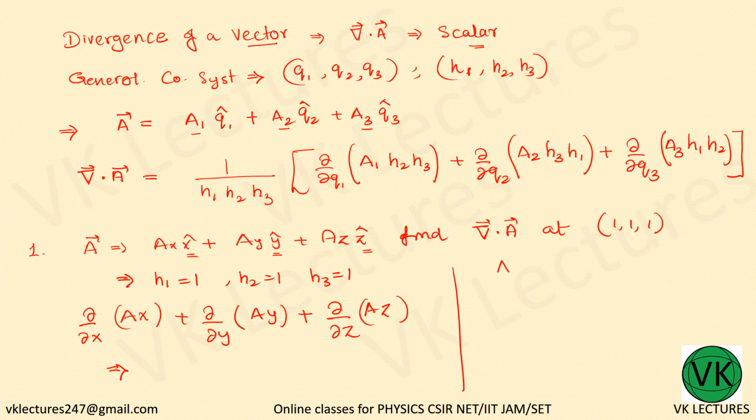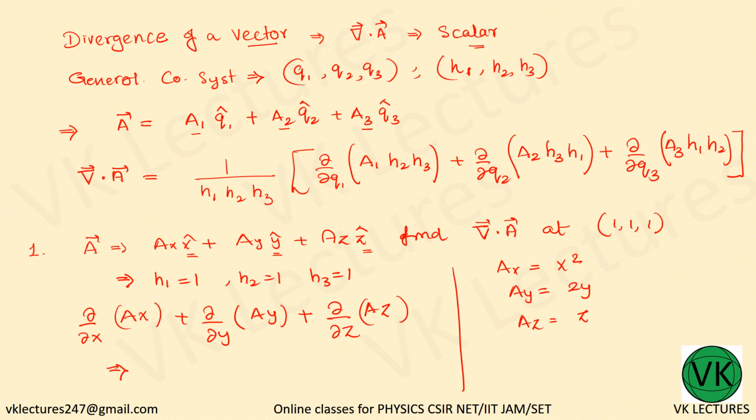Let us write ax equal to x square. Let us take some values. Ax equal to x square, ay equal to 2y, and az is equal to z.